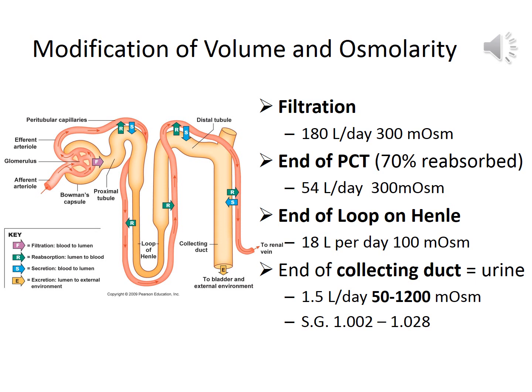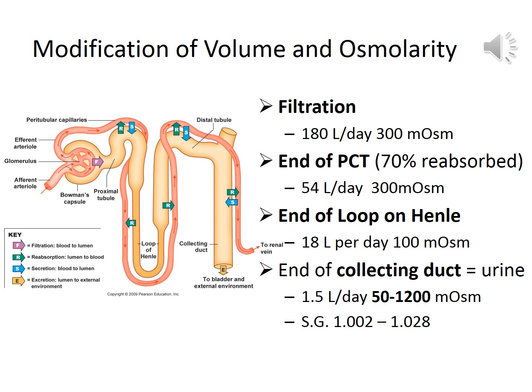As we go down that descending loop, remember that the osmolarity of the interstitial fluid around that loop increases the further down into the medulla we go. At the start, we're roughly at 300 milliosmolar. As we descend to that hairpin turn, we're at about 1200 milliosmolar. So at this point, we've removed a lot of water and very little solute.